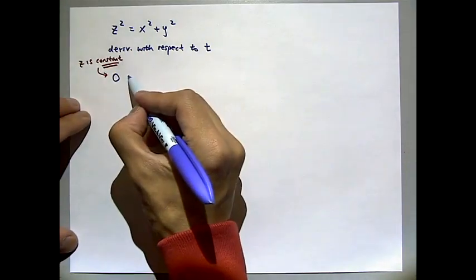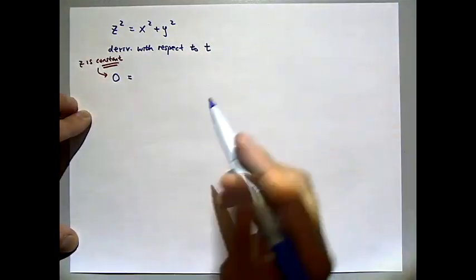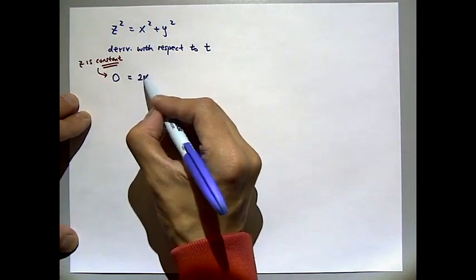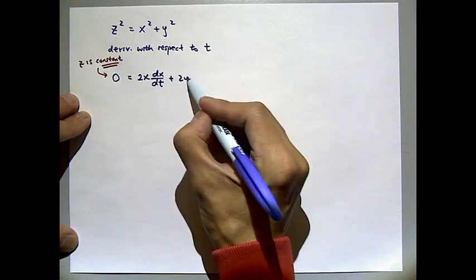The right-hand side, x and y both depend on t. So when you take the derivative, remember to use the chain rule. x squared gives 2x dx/dt. y squared gives you 2y dy/dt.